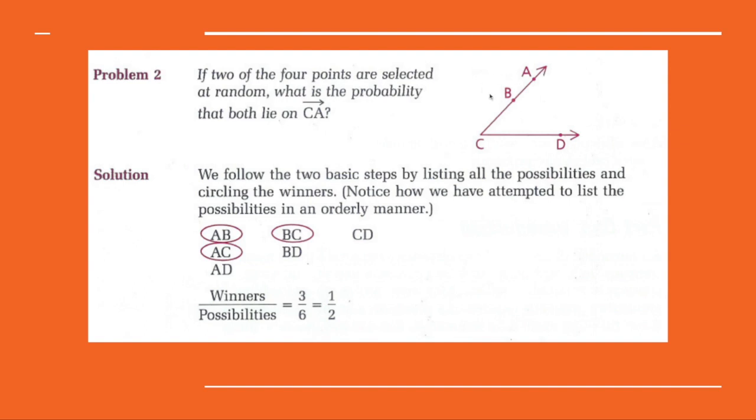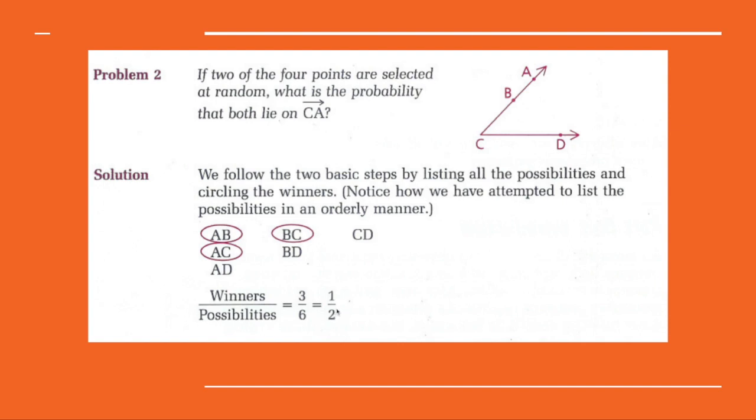AB, point A and point B. BC, point B and point C. And AC, point A and point C, because they all lie on ray CA. So because we have 3 winners and 6 possibilities, 3 over 6 is equal to 1 over 2.